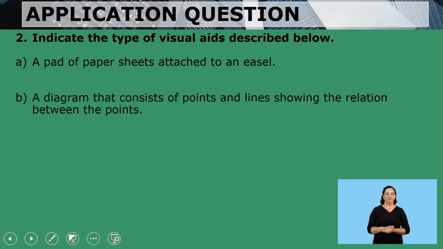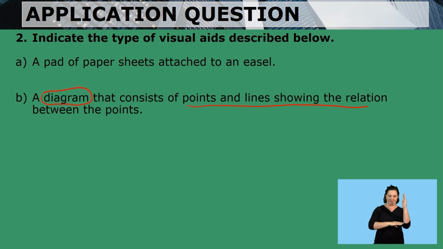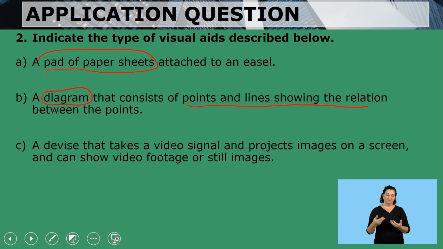A diagram that consists of points and lines showing the relation between the points. So already you're given a keyword that it is a diagram. The first one, you're given a keyword that it is a pad of paper sheets attached to an easel. The third one is a device that takes a video signal and projects images on a screen and can show video footage or still images.